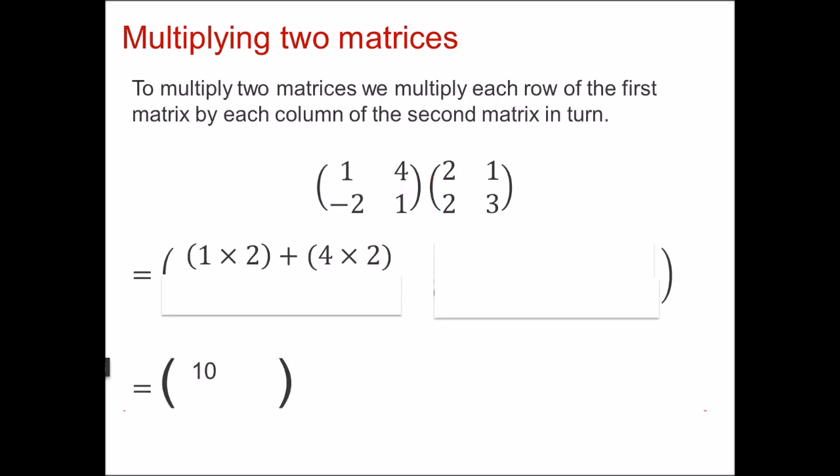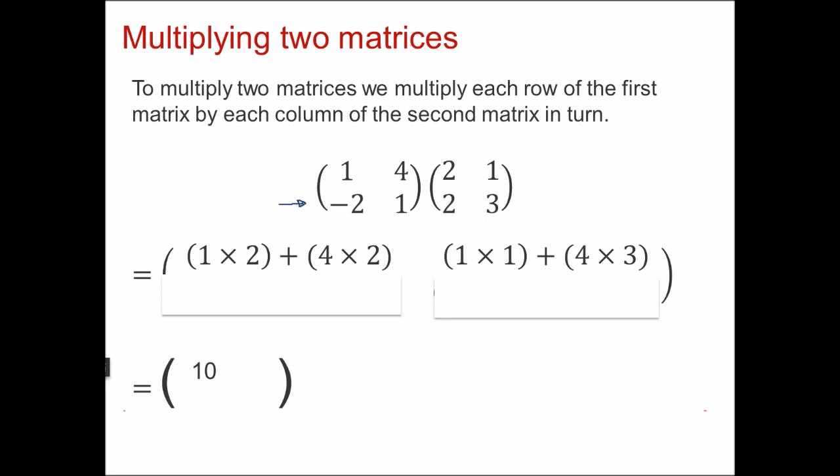So when we look at the first row, second column, you can see that we'll get 1 multiplied by 1 and 4 multiplied by 3. Then moving down to the second row, in turn we combine that with the first and then the second column of the second matrix.